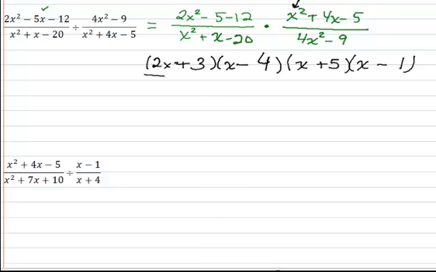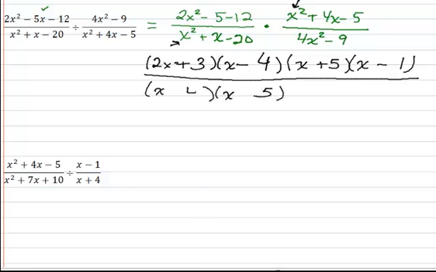Now we're going to move to the denominator. And here we have a perfect square. And everything's factored. Now we just look for what's the same in the numerator and the denominator. So here I've got an x minus 4. Here, let's see, there's an x plus 5.